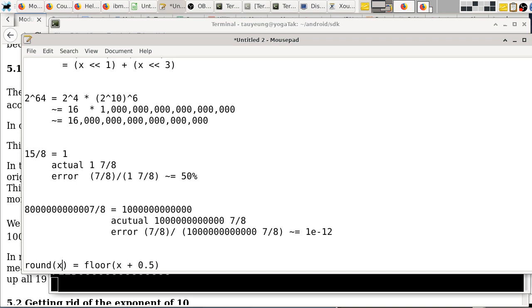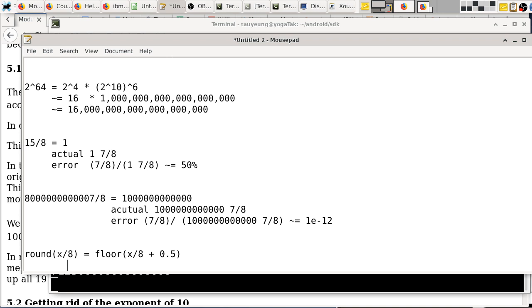It's either 8 or 16. We haven't seen the case when we need 16, but there are cases when we need to divide by 16. But nonetheless, it is a power of 2. So we'll just use an example of 8, okay? Because eventually what we want is the result of some number divided by 8. So how do we convert all of this into non-floating point calculations? In other words, how do we do all of this in integer math?